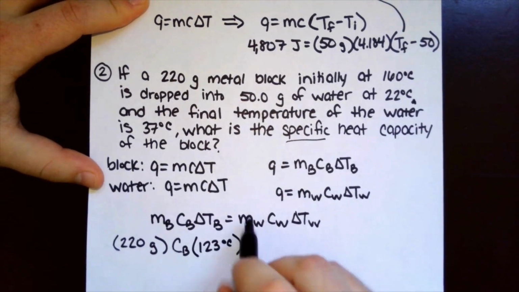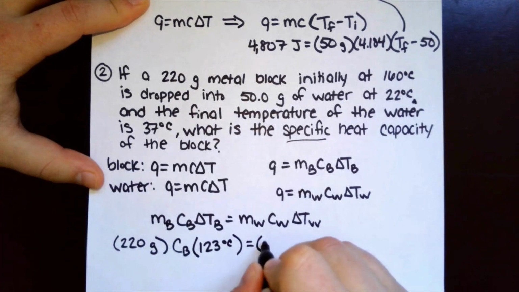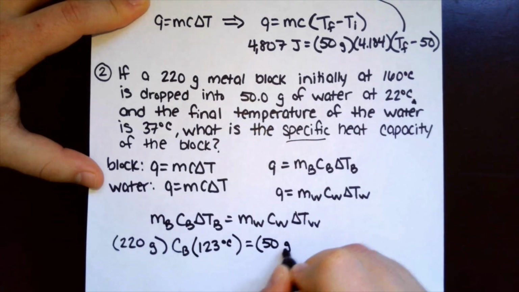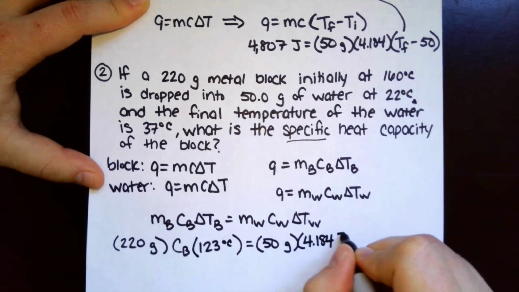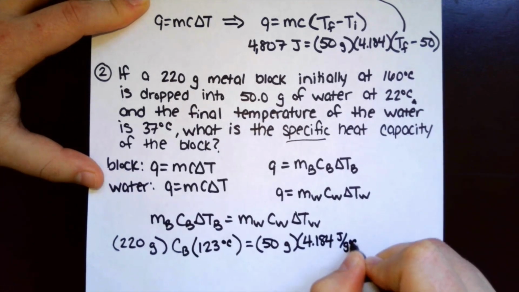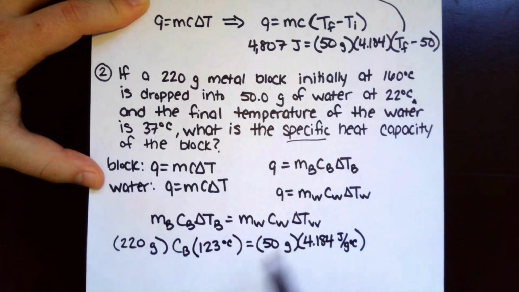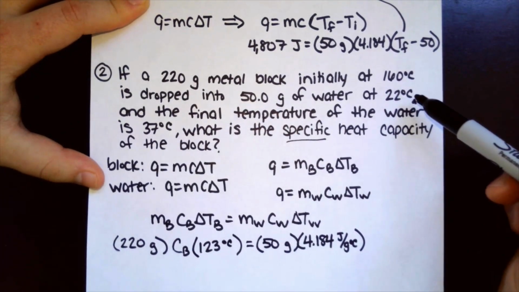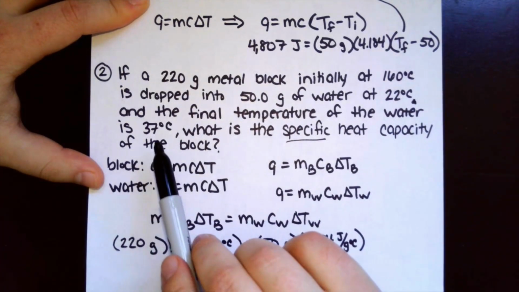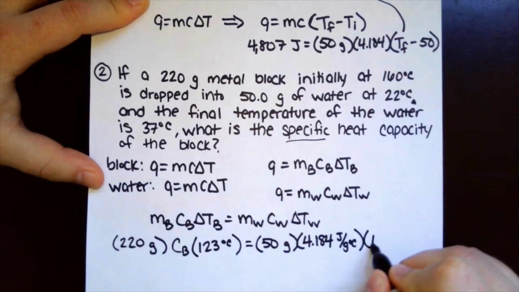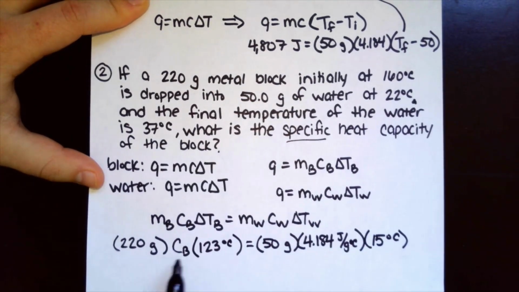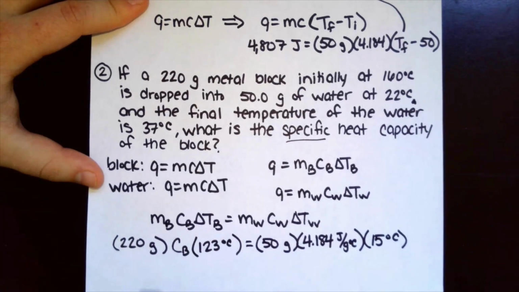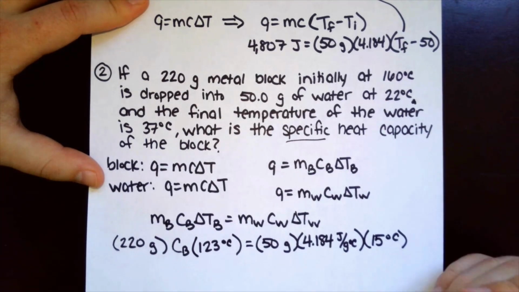The mass of the water is given as 50 grams. The specific heat capacity of water, once again, is 4.184 joules per gram degree Celsius. And the delta T of the water, well, we know that it went from 22 degrees to 37 degrees, so it has to be 15. So we have every single variable except for the one that we're looking for. So I'll break this down into two steps.